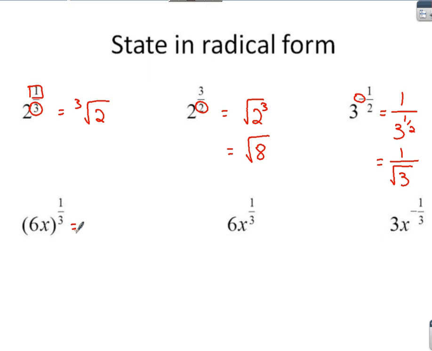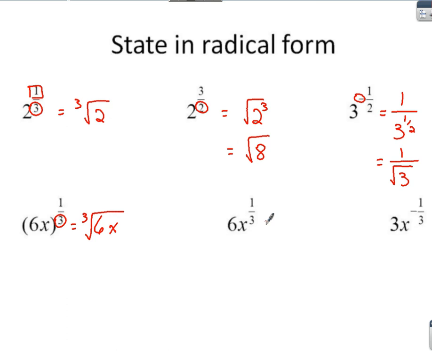All right, here I've got a quantity of 6x raised to the 1/3 power. Since the entire quantity of 6x is raised to the 1/3 power, I know my 3 here represents the index number on the root I'm trying to create. I'd have a cube root of 6x as that quantity raised to the first power. So I could just say the cube root of 6x, and that would work.